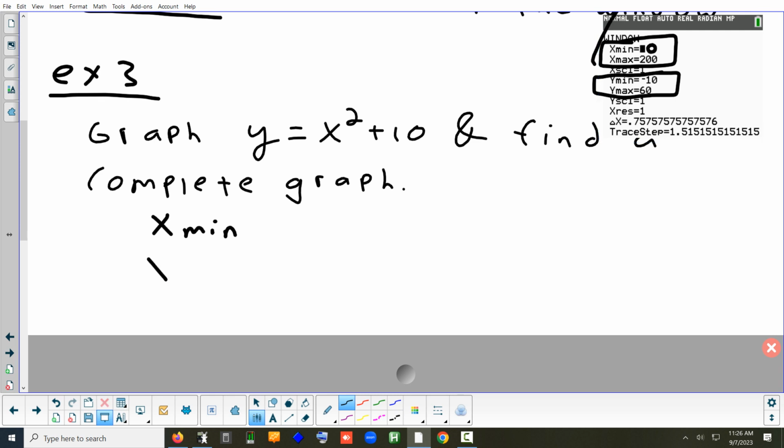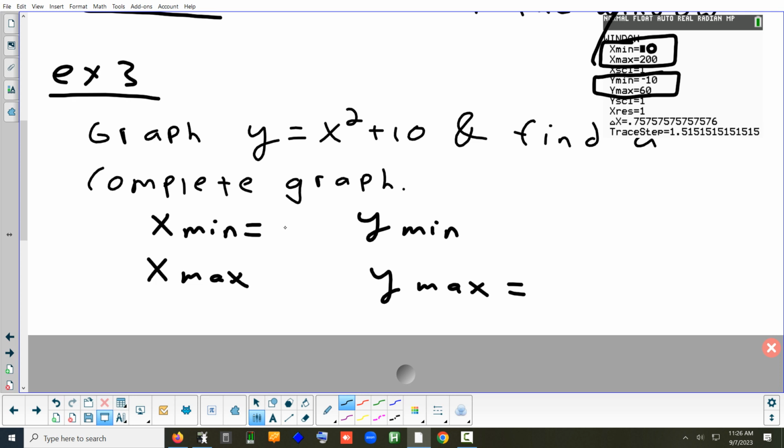X min, X max, Y min, Y max. I think we set the Y max, we had to go higher. I think we set it to maybe 20. I think we did 20 to negative 20 on all of them. I think that's what we did.